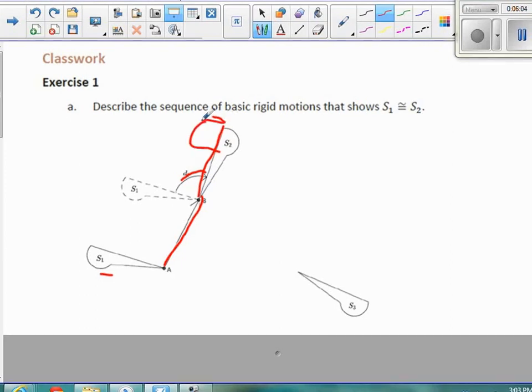Sorry for the drawing, it's a little difficult to draw on this iPad. And then you would reflect over the longest side of S2.